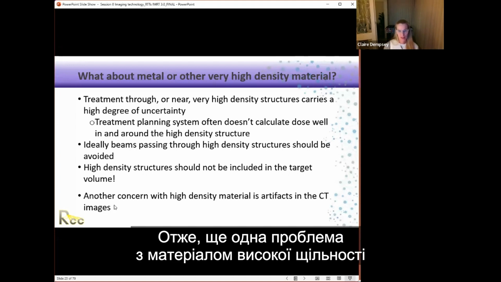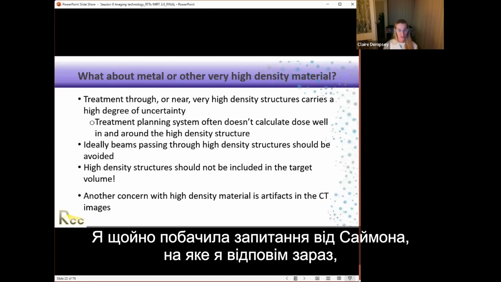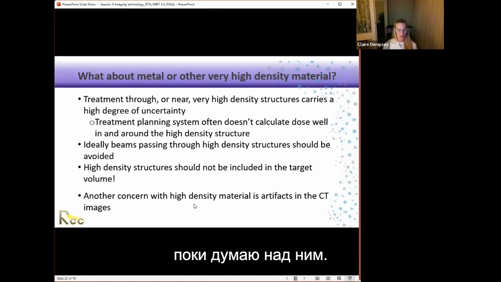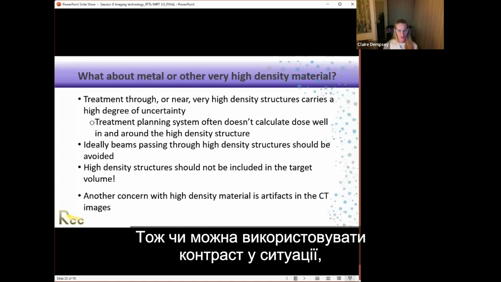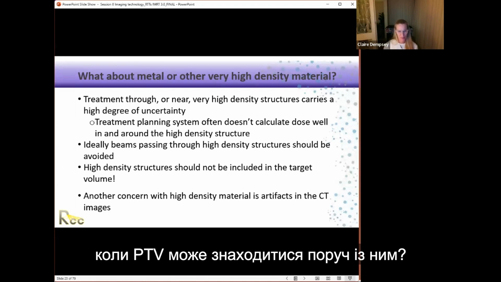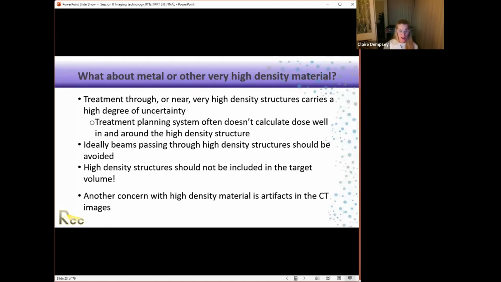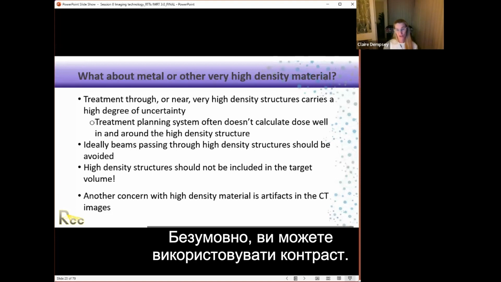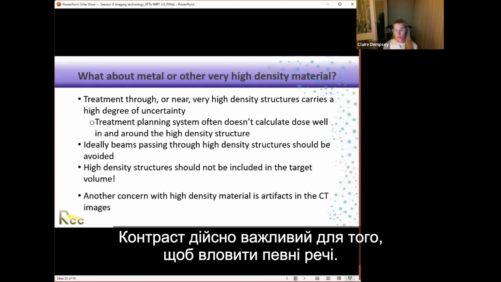And then another concern with high density material is artifacts within the CT images. I've just seen a question from Simon, which I'll address now while I'm thinking of it. Is it okay to use contrast in a situation where the PTV might fall near it? Absolutely, you can use contrast. Contrast is really important for picking up certain things.